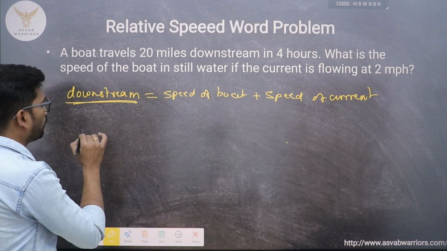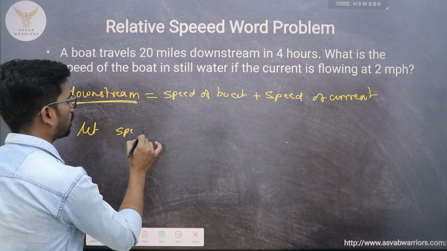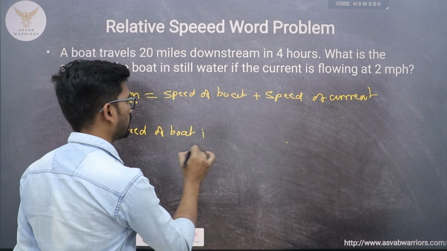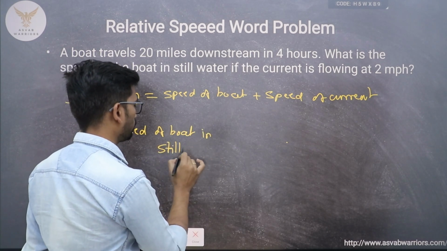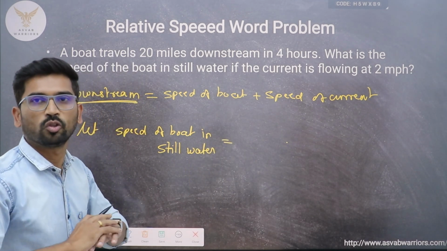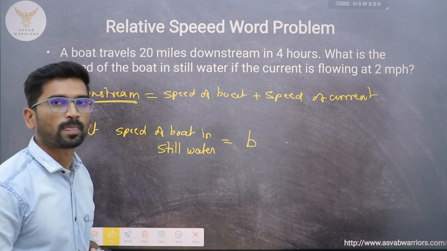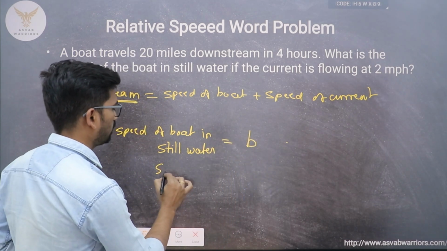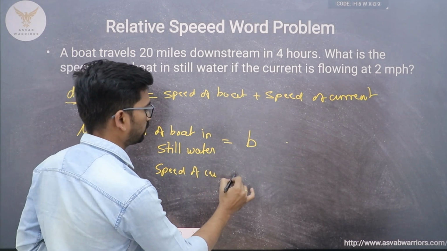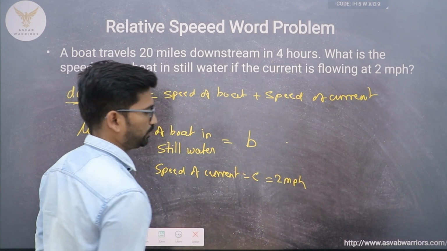Now let us assume that the speed of boat in still water, still water means there is no current, is B, and the speed of current is C, which is given as 2 miles per hour.